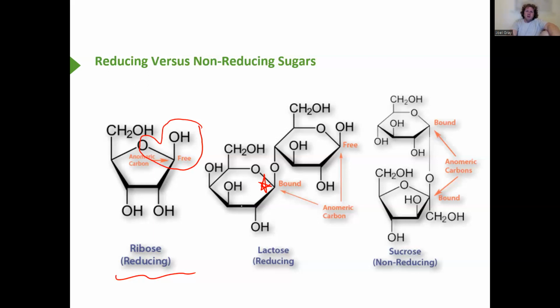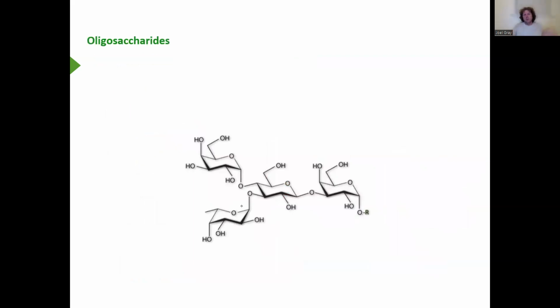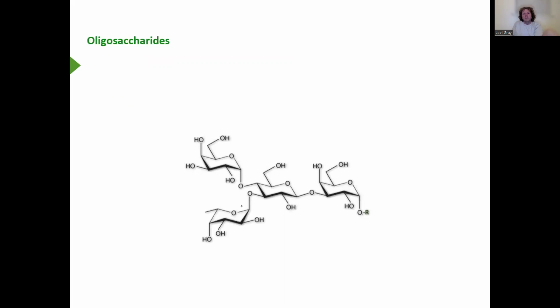And as you can imagine and see, when we talk about polysaccharides here, we're talking about long chains of sugars. Examples of polysaccharides are cellulose, glycogen, amylose, amylopectin, and chitin. Oligosaccharides are found in glycoproteins.